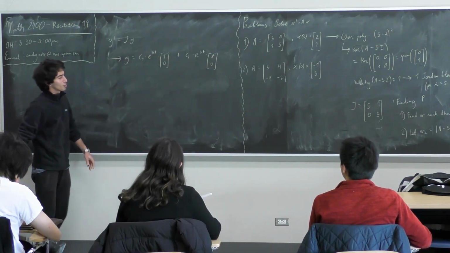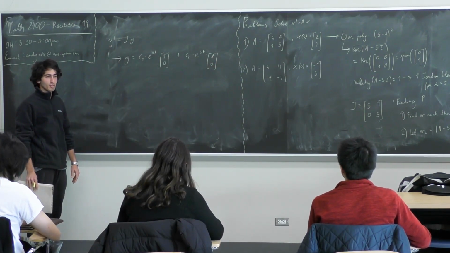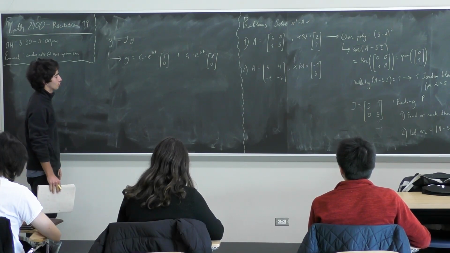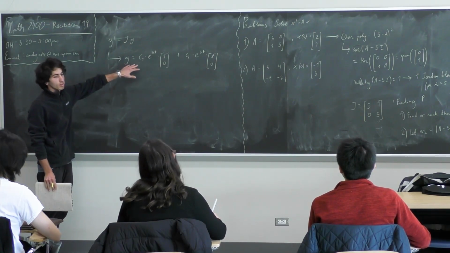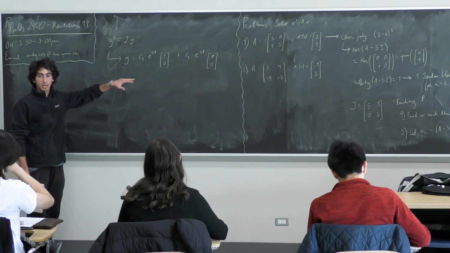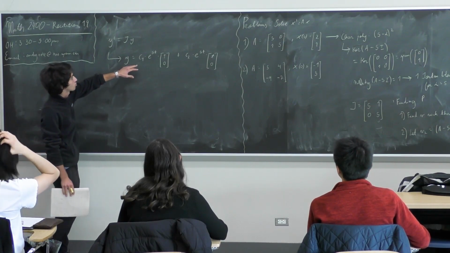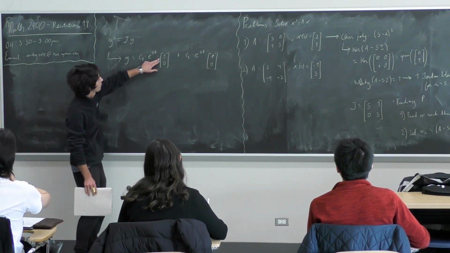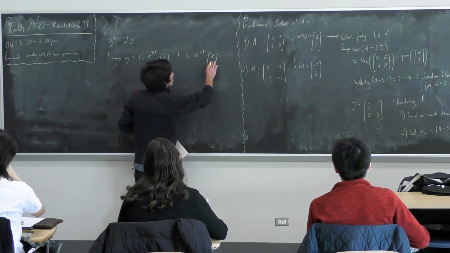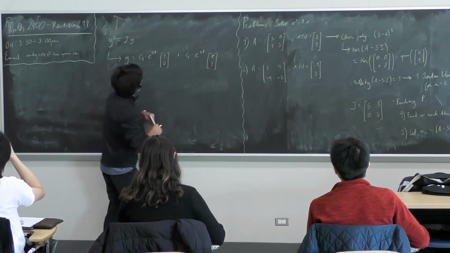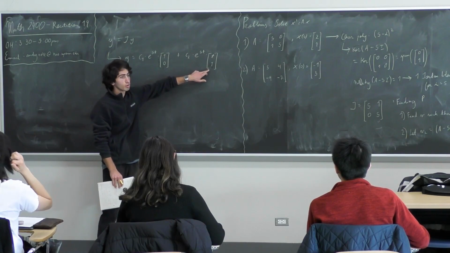The reason why I was saying that I liked it a little bit better how Ellen was explaining it is because in the notes they go straight to this form. They write it like this: you have a Jordan block, say of size 2, and then you write first the vector, this actually has to be a 1, then you write the vector 1, 0, and then you write the vector t1.